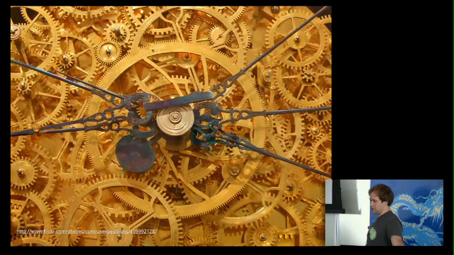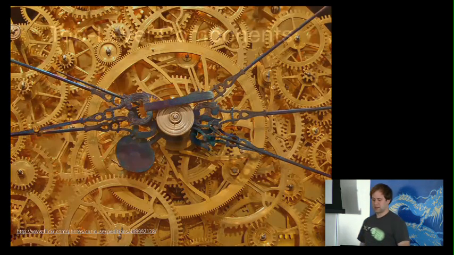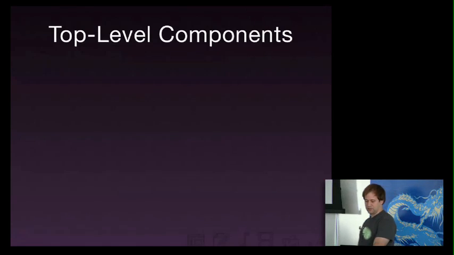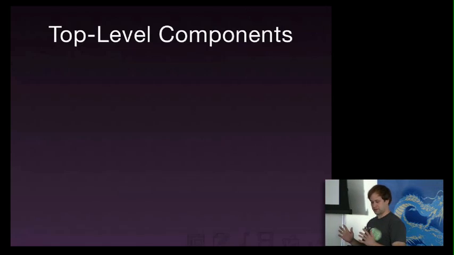With these web app UIs, there's a lot of moving parts that have to be in sync. We realized this early on when trying to build out our pages, and we came up with the idea of having a top-level component. By a top-level component, I mean something at the page level, like the tips page that I was on, where I was funding a tip, editing a tip, that sort of thing.